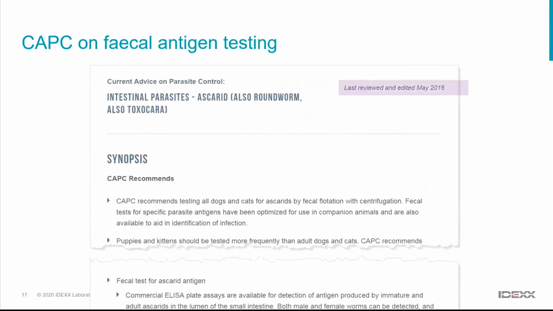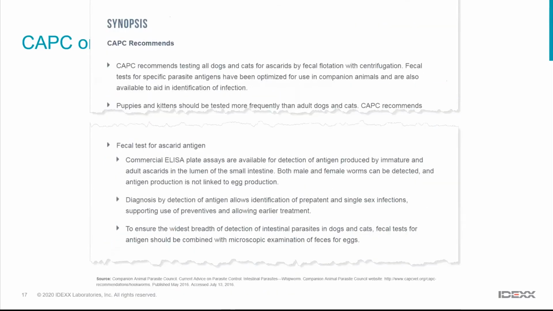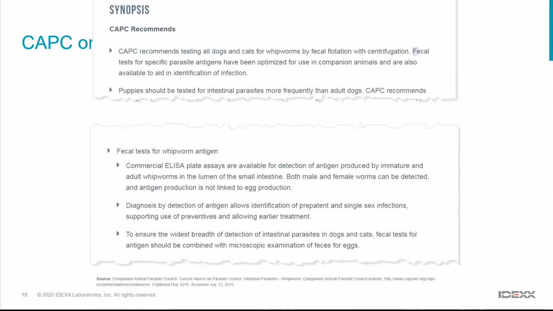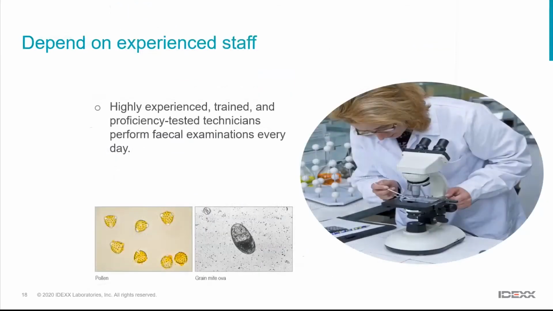They looked at it for roundworms as well, again suggesting the flotation centrifugation technique if you're doing routine parasitology, but again, antigen tests will increase the sensitivity of testing. And surprise, surprise, they say the same for hookworms. So, do the flotation centrifugation, but the antigen test also gives us a lot more information.